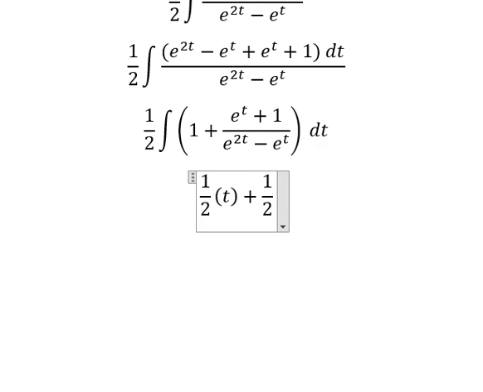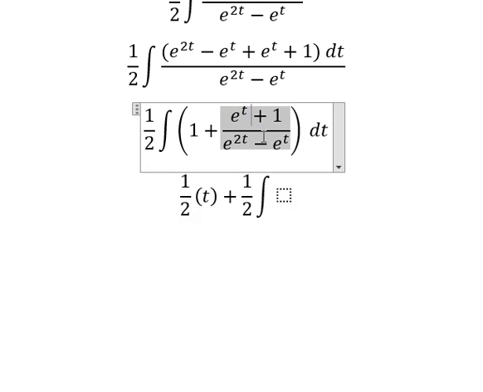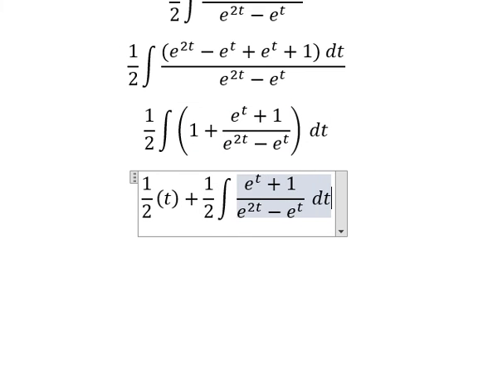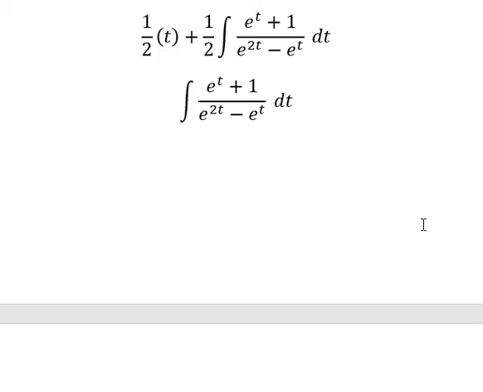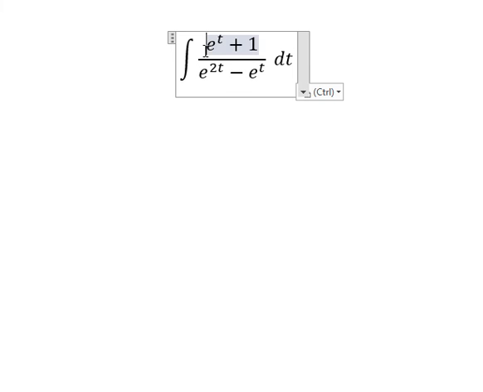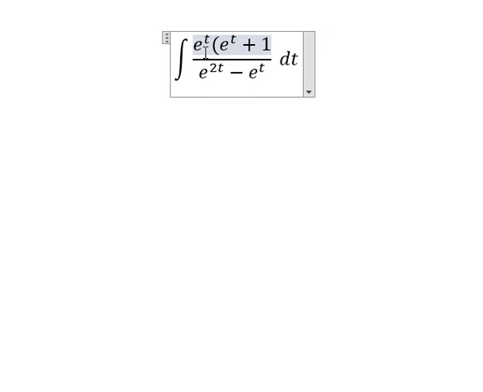Now we just focus on this one. So I will put e to the power of t on the numerator and denominator.